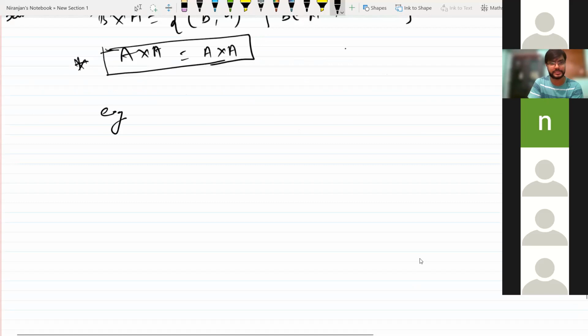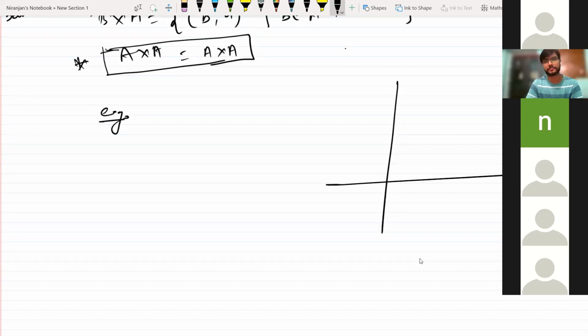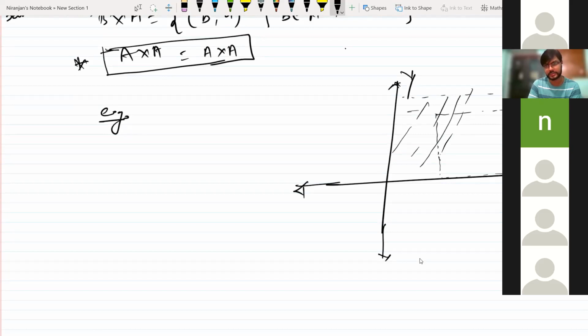Okay. Moving on, where do we use it? Let's take some examples as well. We use it in real analysis. Again, this is really good for real analysis. So for example, this is the y-axis, this is the x-axis, and you are in the xy plane, in the first quadrant.